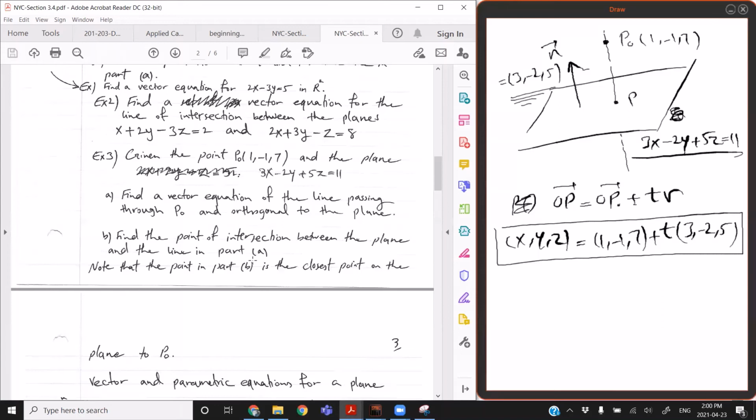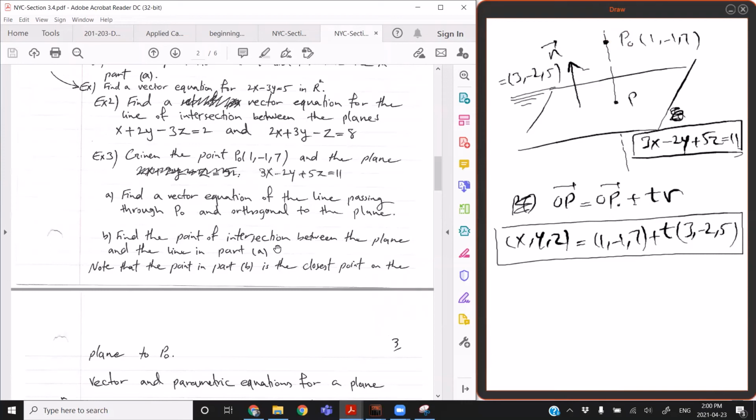Because the closest point would be the point that is orthogonally beneath it. So if I'm able to find the point of intersection between this plane and the line that I found, I have actually found the closest point on the plane to P0.